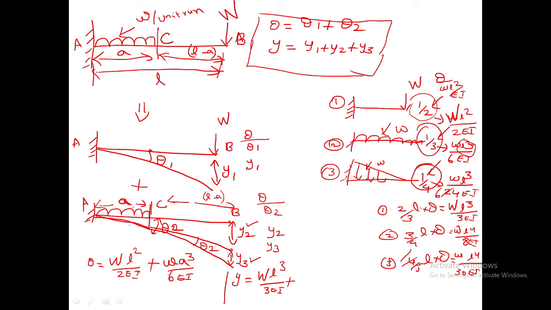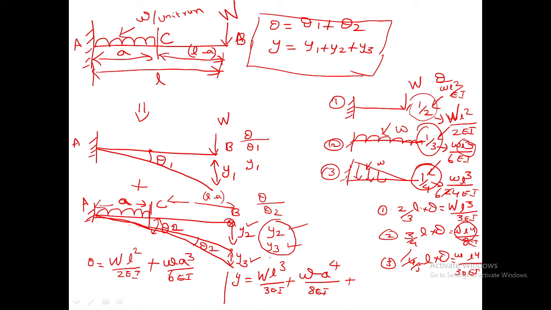So there are two deflections, y2 and y3. y2 is up to A: the deflection is W A power 4 divided by 8 EI.